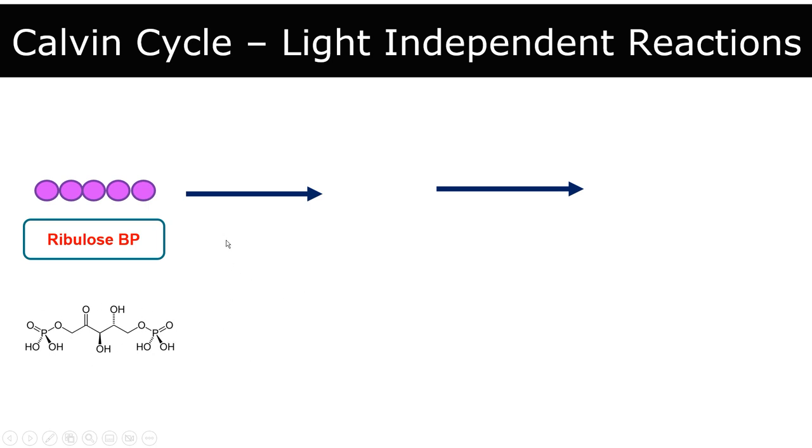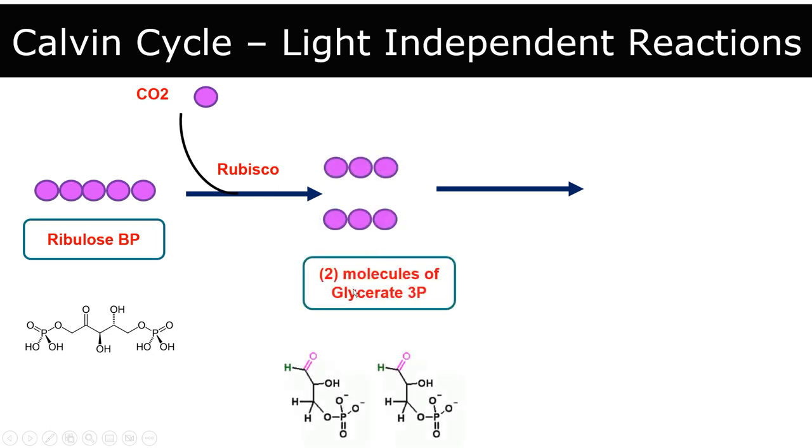But remember, our first step is fixation of carbon dioxide. And just a reminder that the enzyme that is doing that is Rubisco. Rubisco is going to take carbon dioxide from the air and join it to this ribulose biphosphate. And what it is going to create are 2 molecules of something called glycerate 3-phosphate.